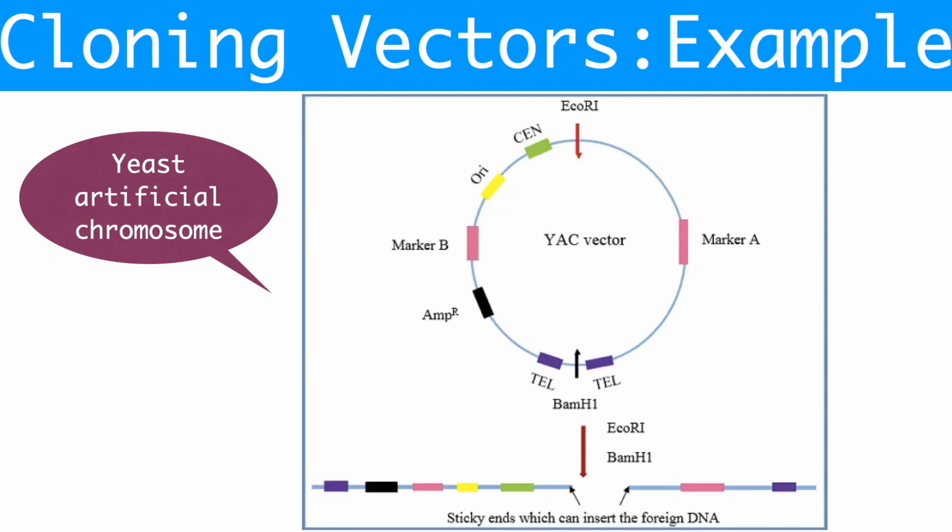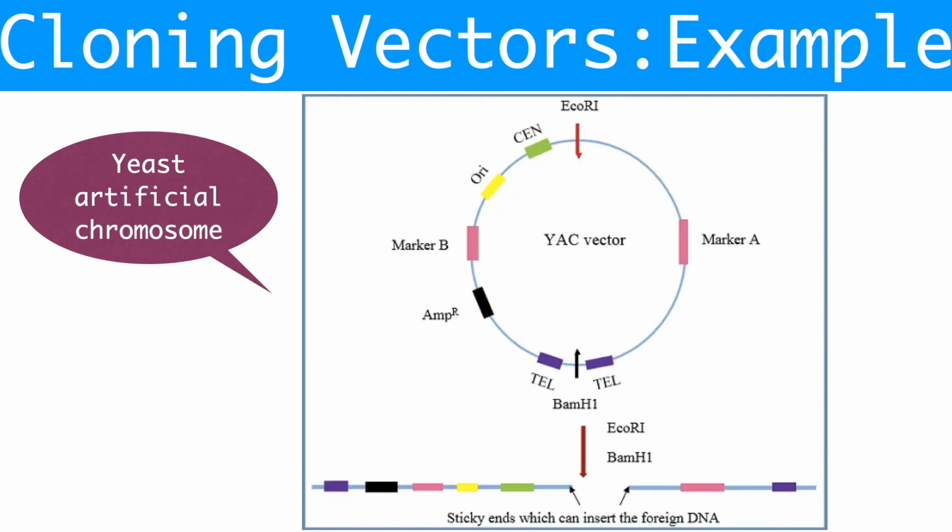In this engineered artificial yeast chromosome, we can insert a very large fragment of DNA, and we can clone this DNA into the yeast artificial chromosome, or we can physically map the sequencing as well. This vector is not commonly in practice nowadays, but it has very good historic value.